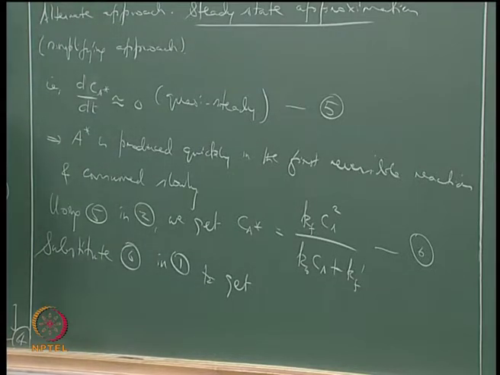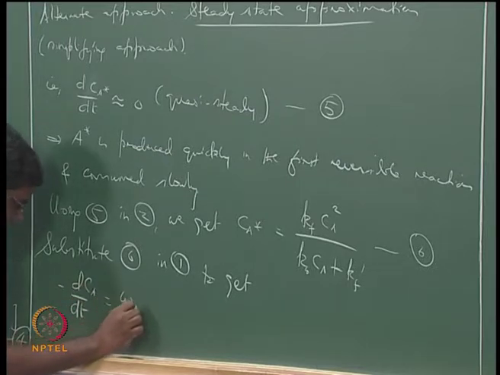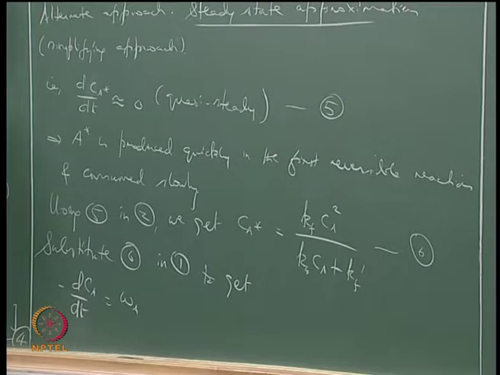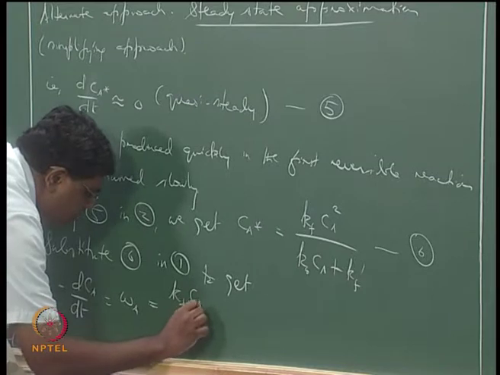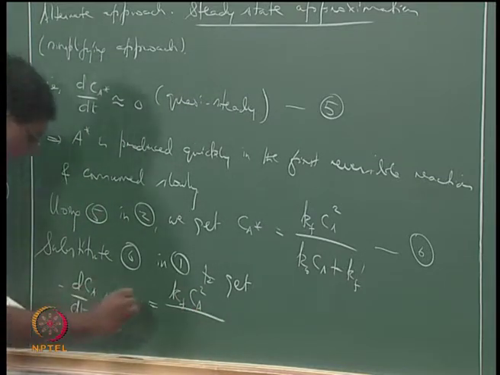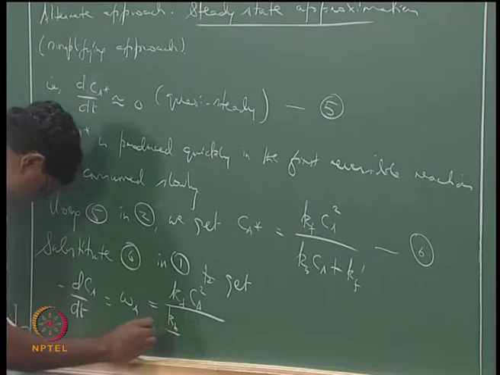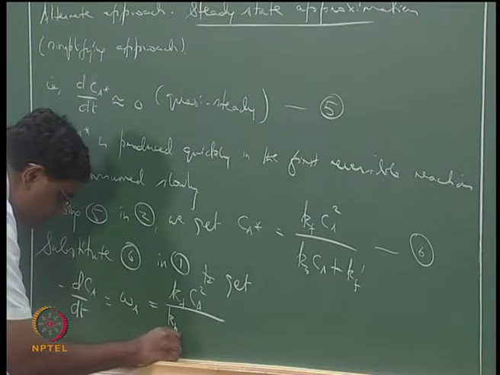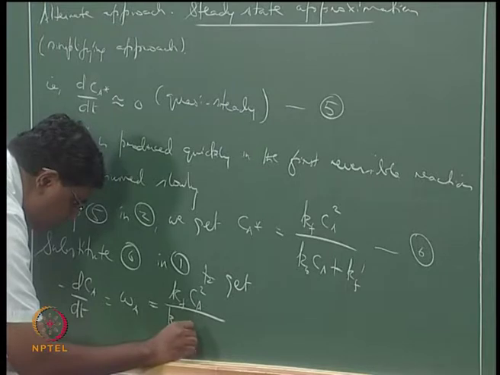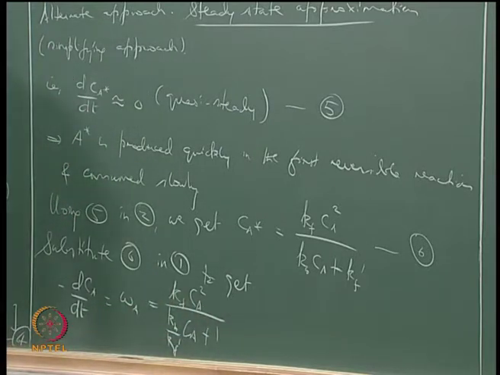let us say minus dCA over dt equal to omega A, the reaction rate based on A, that is equal to Kf Ca squared divided by Kb divided by Kf prime Ca plus 1. Okay, so we got an answer there for dCA over dt.